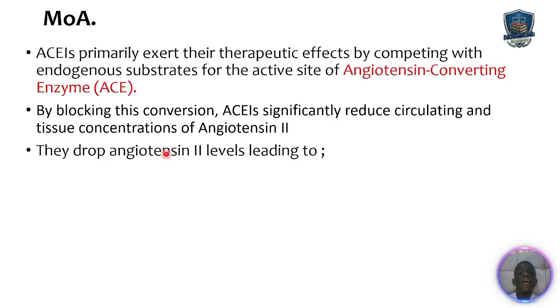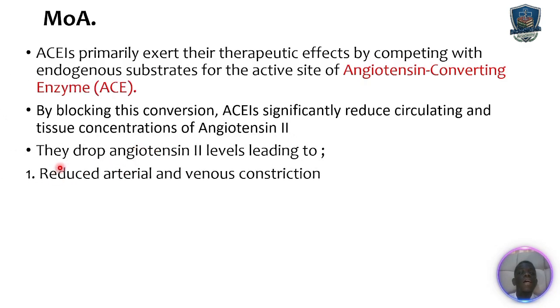Remember, the major action of ACE is to convert angiotensin 1 to angiotensin 2. So if you inhibit this enzyme, there will be a decrease in the production of angiotensin 2. When that happens, number one, it will lead to reduced arterial and venous constriction.